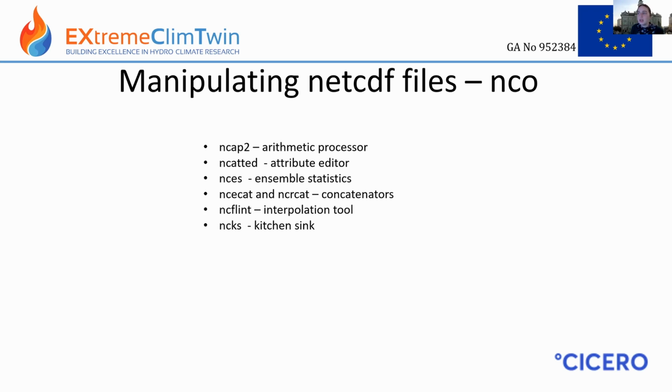There's NCKS, which is a kitchen sink, which is a tool which does a lot of different things. So I won't go into details, but if you Google NCO and you have a problem, you might often find that the solution is using something to do with NCKS. There's NCPDQ, which is a packaging tool, which can actually help you to make the binary file even more compact. And it can take a file that's been packed in a particular way and make it more easily readable.